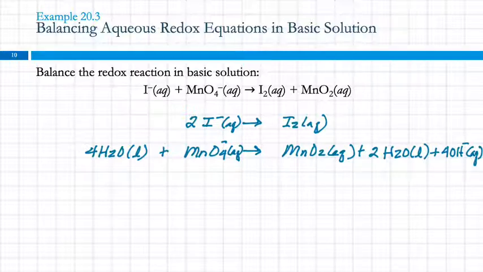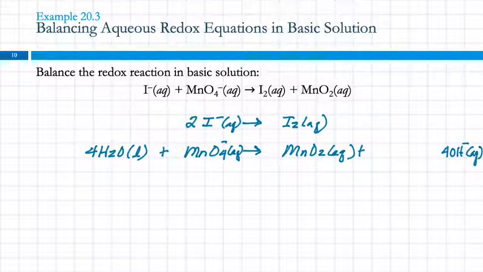And is there any more simplifying I could do in this half reaction? Anything happening on both sides? The water. I've got 4 water molecules here, and I've got 2 water molecules over there. So if I took 2 water molecules away from both sides, it would still be balanced. So I'm subtracting 2 water molecules. So that's going to get rid of all of these.